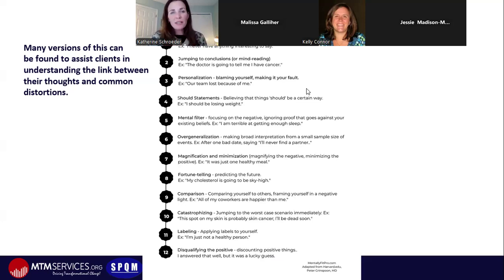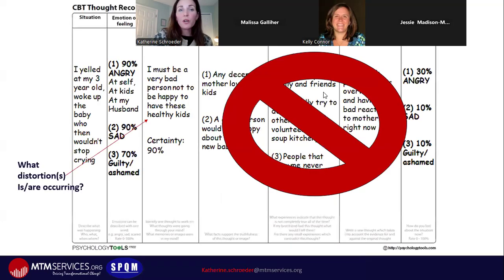This one doesn't go into a lot of detail. There are other ones that I'll use for my very logical clients who want a little bit more. And then there's one that I've got that's very colorful and has a little bit of art on it. For those people who are drawn more to that creative artistic side, I'm going to give them that. But whichever you choose, it's all going to have generally the same information. Some of them have up to 15 distortions, so you just want to look at it and see which ones are going to work best for the individual that you're working with.